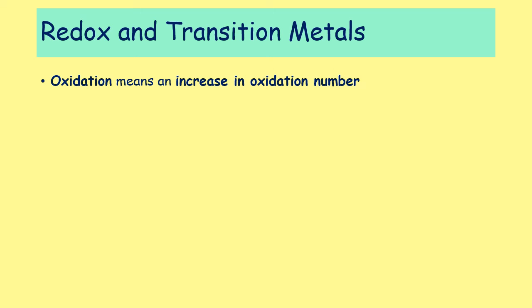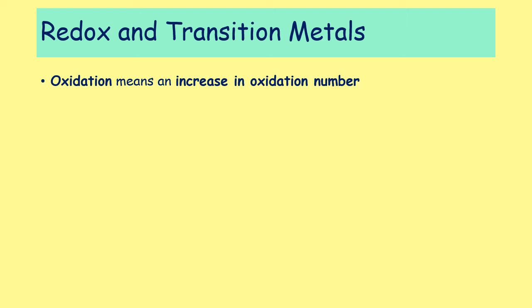Previously, you've encountered lots of different definitions of oxidation. You would have had oxidation as loss of electrons. You would have seen oxidation is addition of oxygen, and oxidation is removal of hydrogen. Well, now we've got another definition of oxidation, and that is an increase in oxidation number.